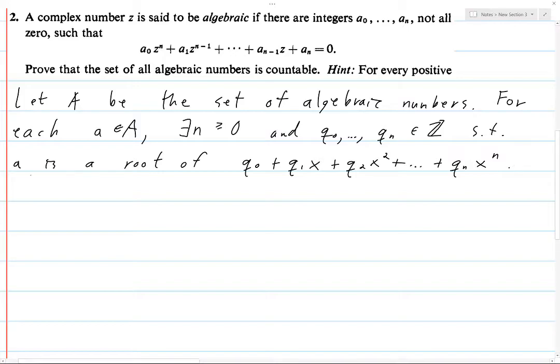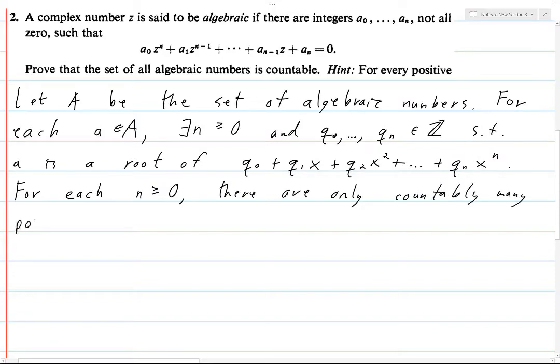Okay, so for each n greater than or equal to 0, there are only countably many polynomials of this form. And why is that?